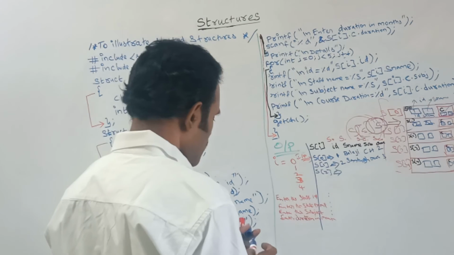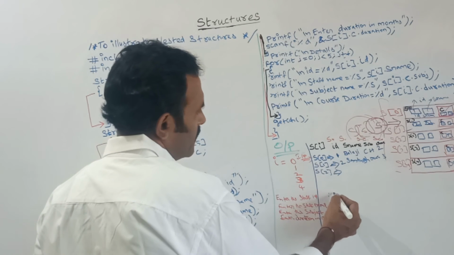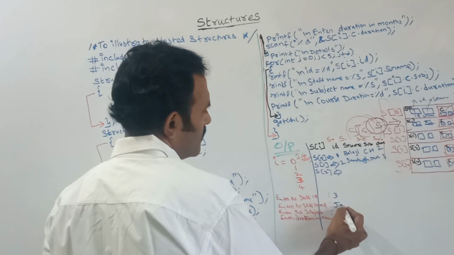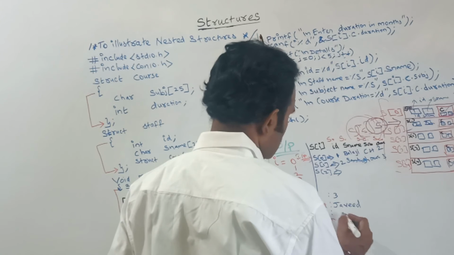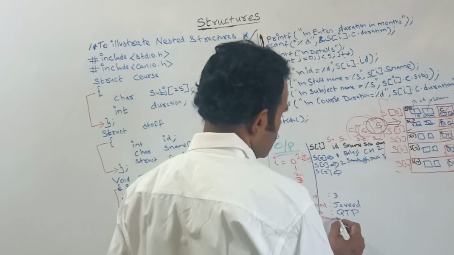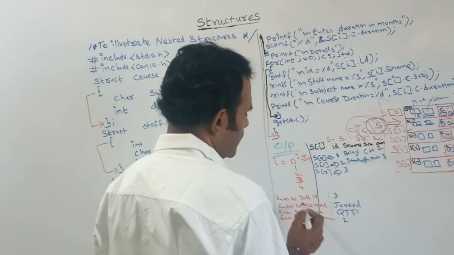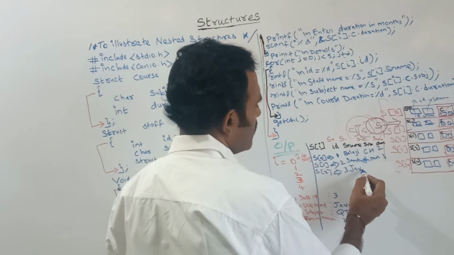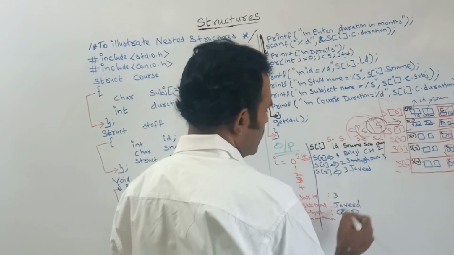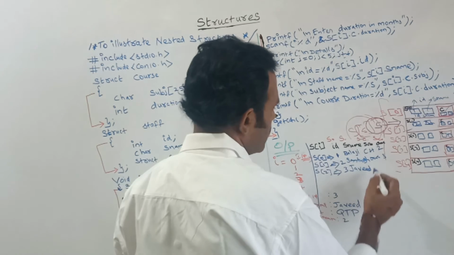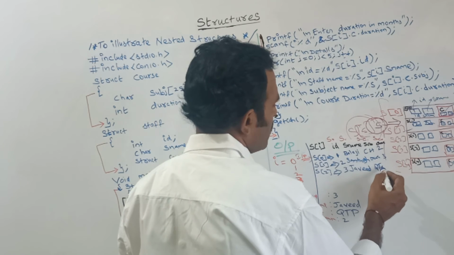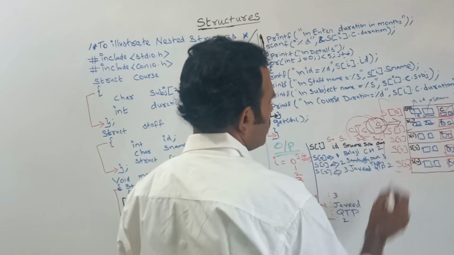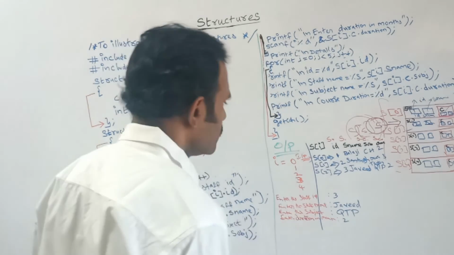Suppose you are storing here staff ID 3, next staff name Javid, next the subject is QTP, testing QTP, next number of months, that is duration in months, is 2.